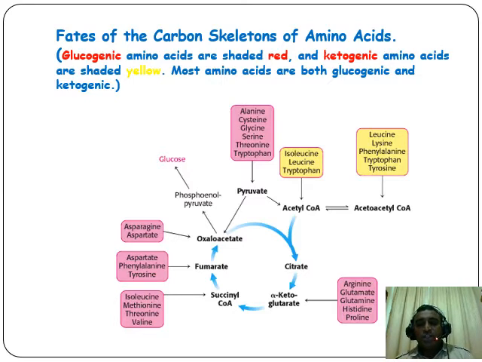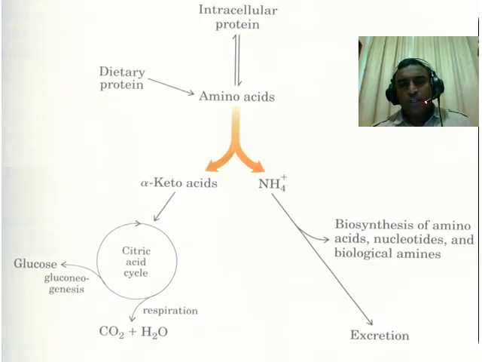For example, the amino acid phenylalanine can either form acetyl-CoA or form fumarate. Therefore, it can be classified as both ketogenic as well as glucogenic.